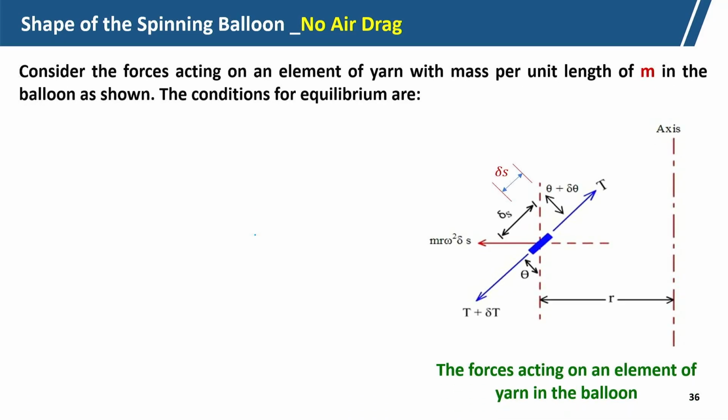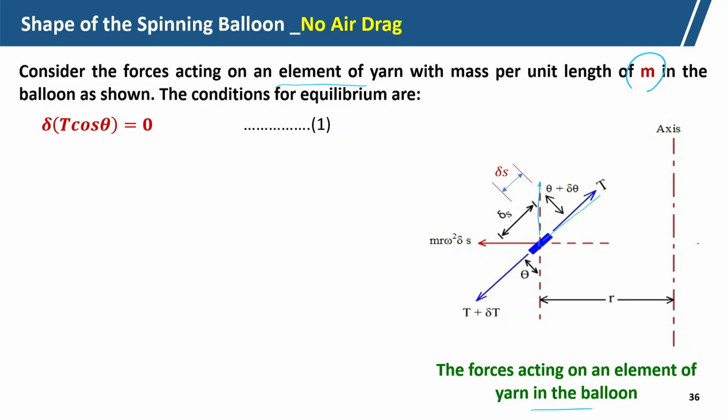These are the assumptions here. Now, let us consider the force acting on an element of yarn with mass per unit length m in the balloon, as shown. You can see from this diagram the force acting on an element of the yarn in the balloon, where delta T cos theta, this is T, this is theta, T cos theta will be in this direction.